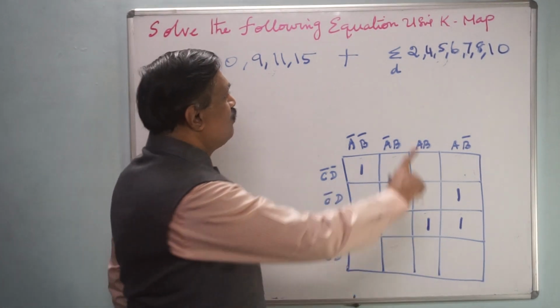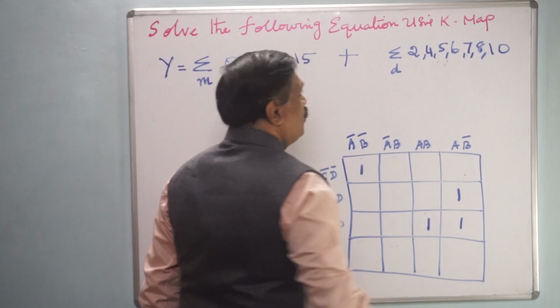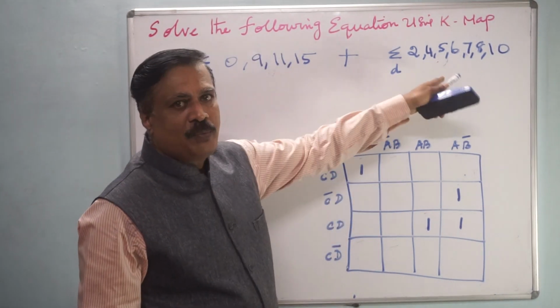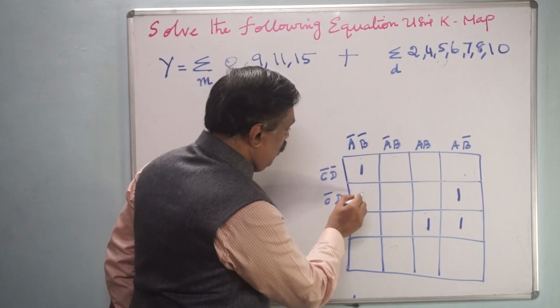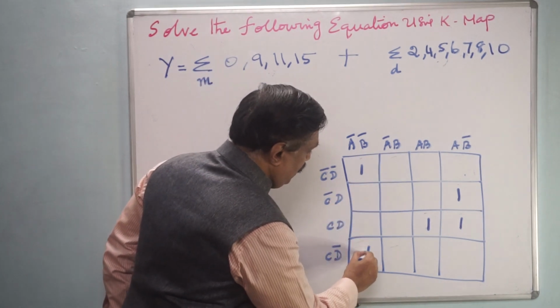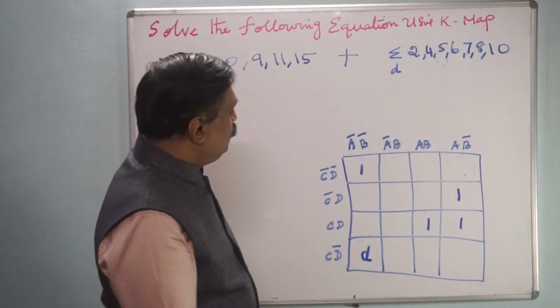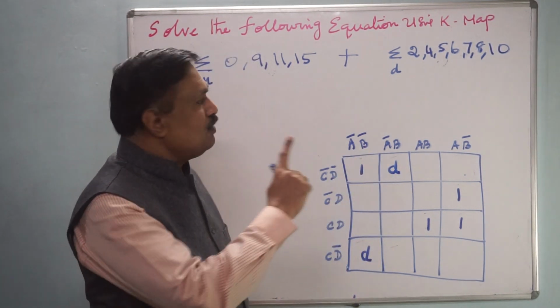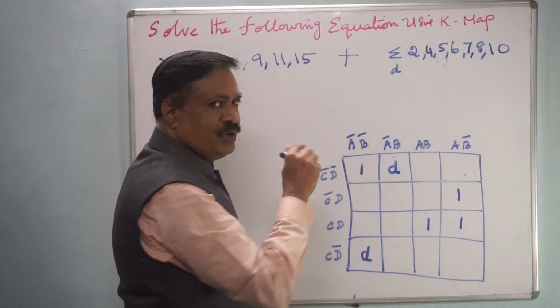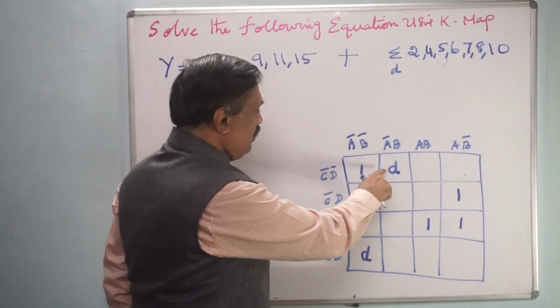And here what you have to do is fill all these terms with the letter D. 2 is given, therefore 0, 1, 2, so you fill D here. And 4 is given, so the decimal number 4 is for that particular minterm, I am filling it here.